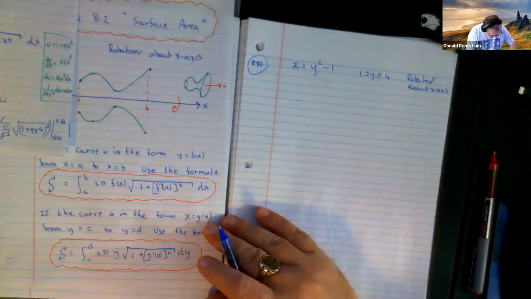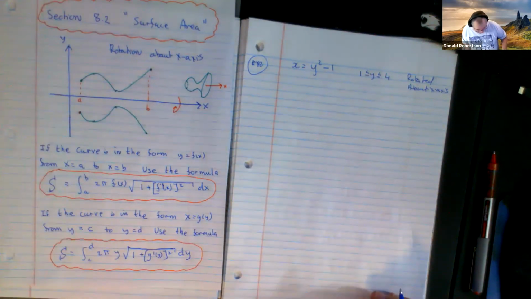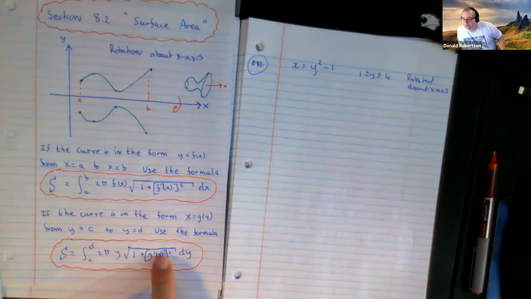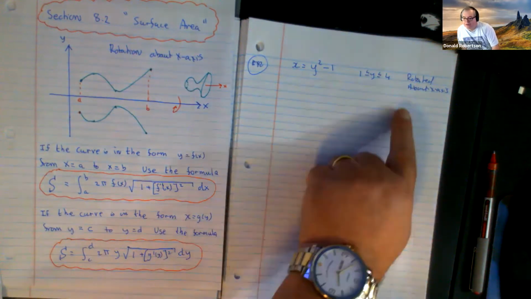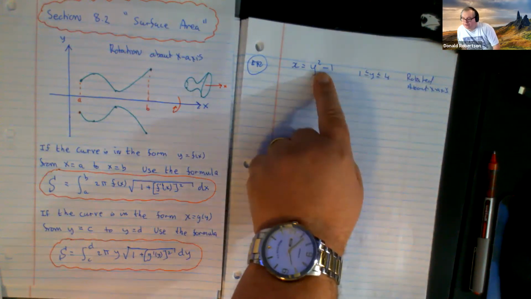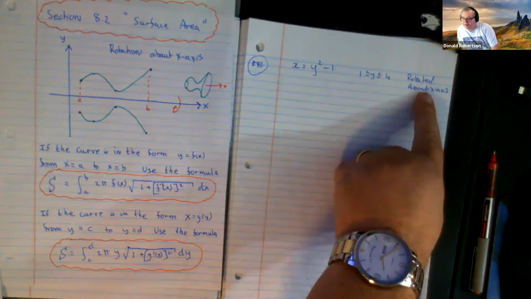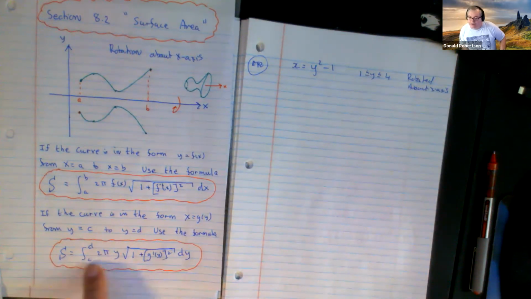So we have to identify which formula we're going to use. Would you agree it's this guy? Now, where are the clues? Limits of integration are in y. X is a function of y, rotated about the x-axis. That's the one you use in this story.